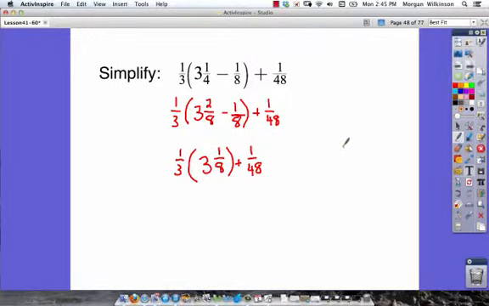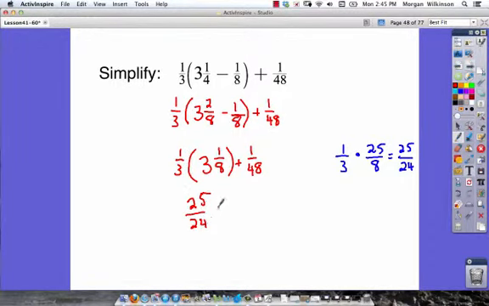Let's do that on the side. We're going to get 1/3 times, we've got 3 and 1/8. That's going to be 25 out of 8. And now we can find our answer of 1 times 25 is 25. 3 times 8 is 24. So we get 25/24.